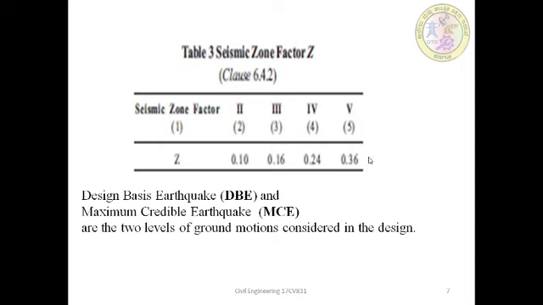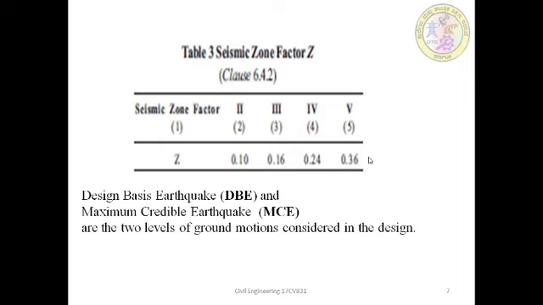DBE refers to the most probable earthquake a structure might experience several times during its lifetime. Under this earthquake, the structure should not experience total failure. Hence, a structure designed for DBE experiences only non-structural damage and should be brought back to normalcy without serious problems. The design under this earthquake is called a level 1 design.